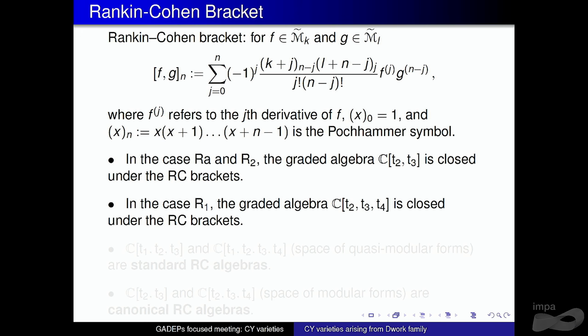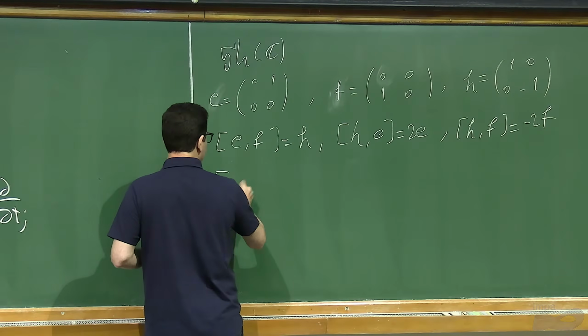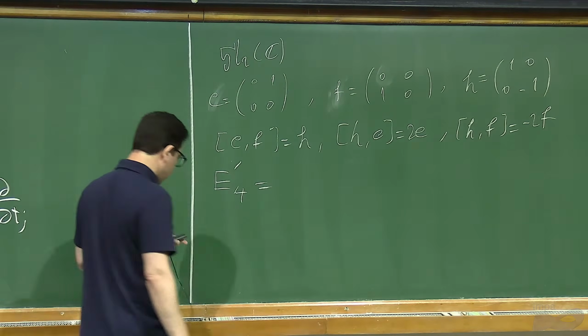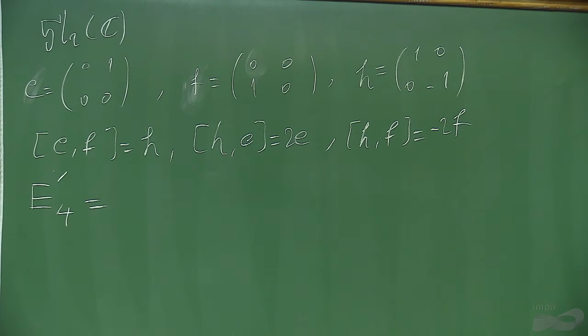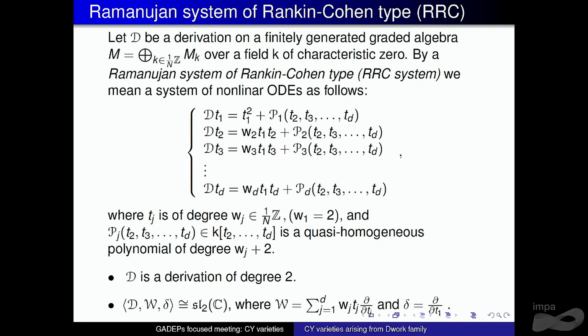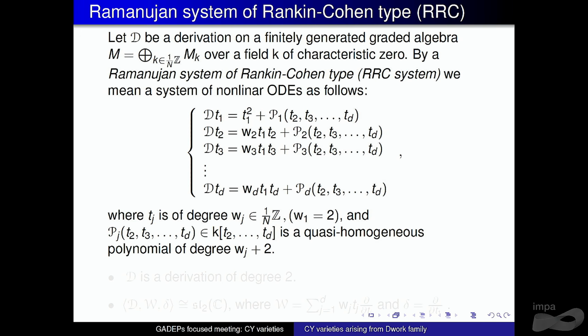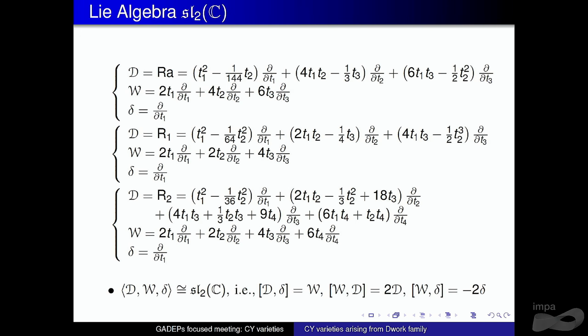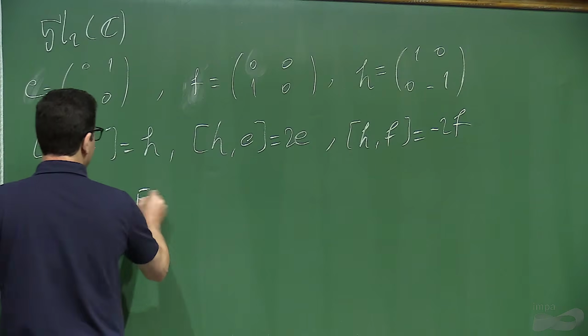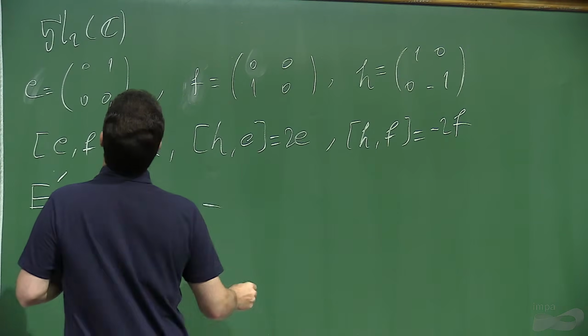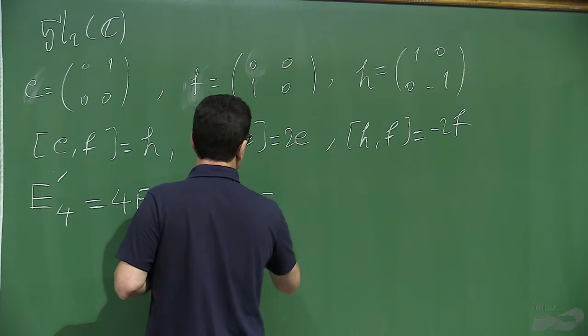For example, in the case of modular forms or quasi-modular forms, look, in the case of E4, the derivation of E4 is E4 to E4 minus 1/3 is 6.